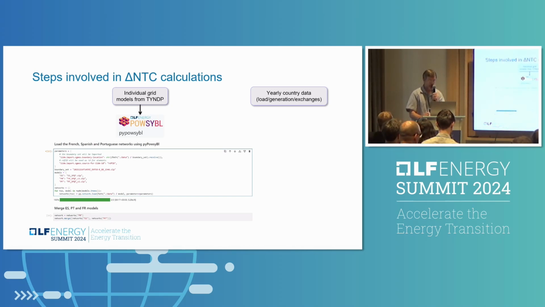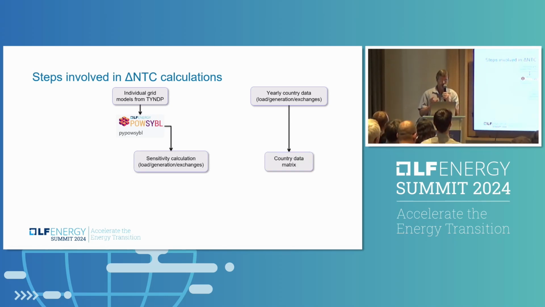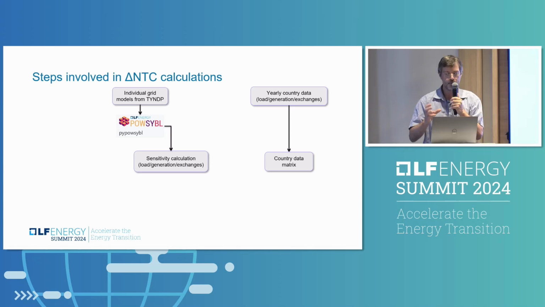Once we have this model merged in PyPowSyBl, you will be able to calculate sensitivities. That means for every parameter, for example, load in Spain, generation of a nuclear unit in France, or cross-border exchanges, you will be able to calculate sensitivities.